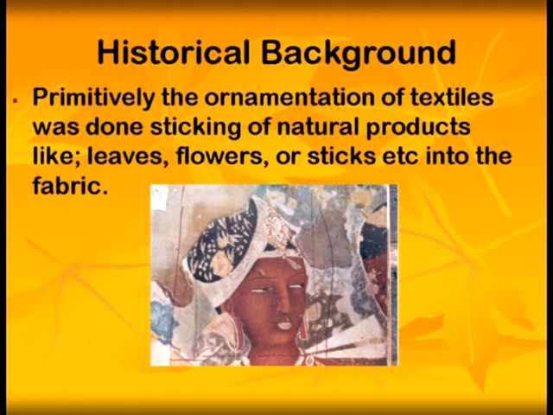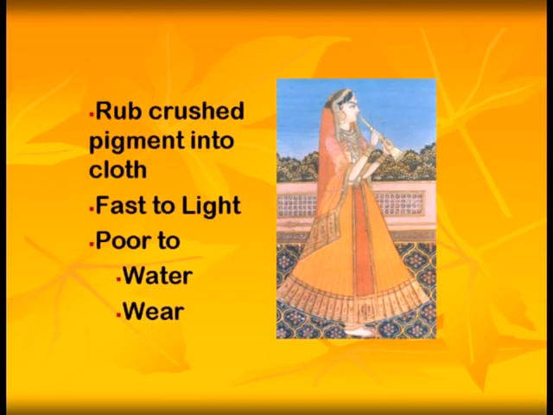These were stuck onto the fabric with albumin or clotted blood. The second method was to rub crushed pigments into cloth. These proved to be fast to light, but not fast to water or to wear.